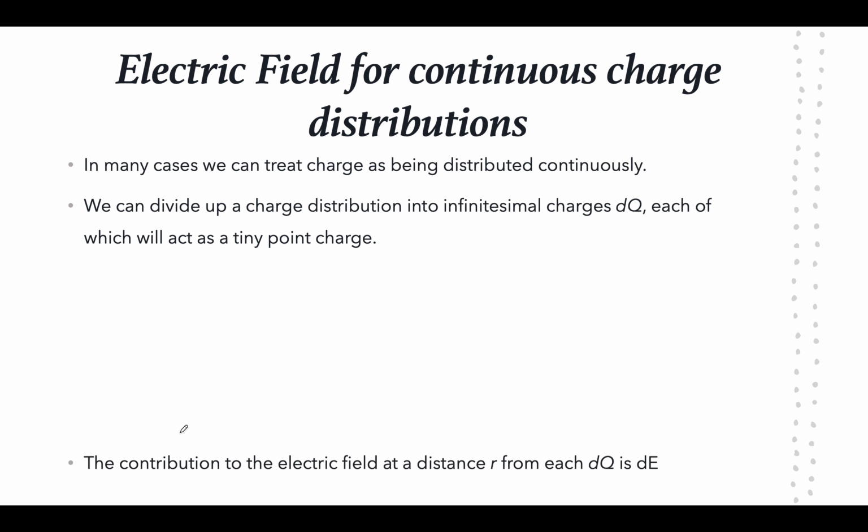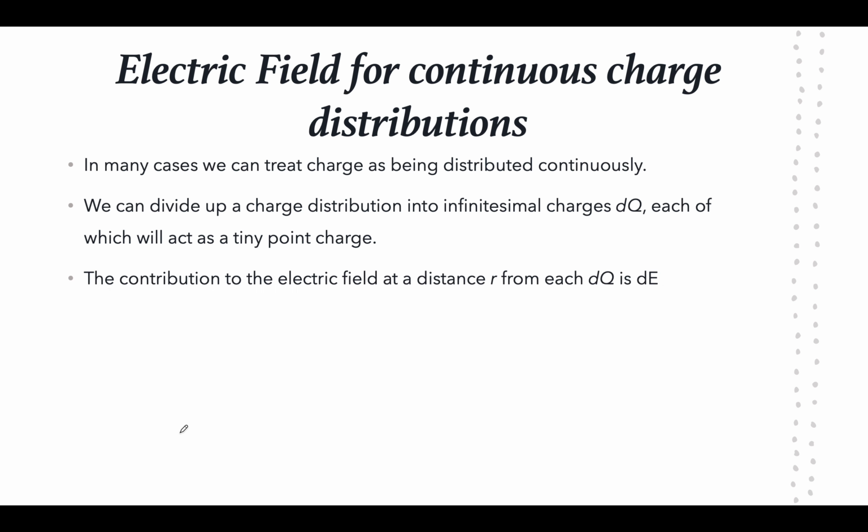And then that charge differential is going to create an electric field differential at a distance r, and that electric field differential is going to be equal to K dq over r squared, right?